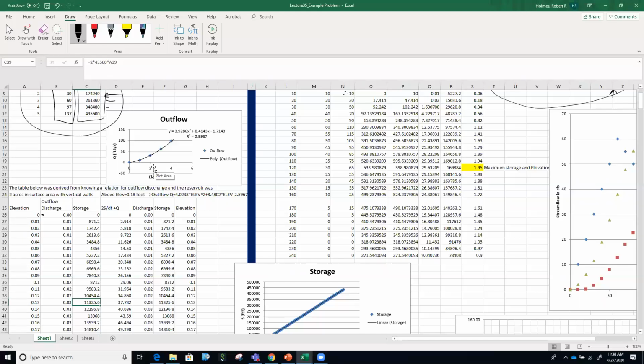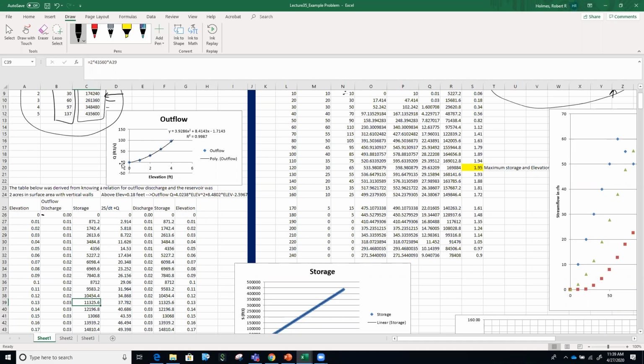It's just a power law. A lot of that has to do with the fact that the discharge and the shear stresses are related to the square of the velocity. It goes back to the development of the Manning equation. Because it's related to the square, you end up getting a power law relation between elevation and discharge. It's just the way it is.